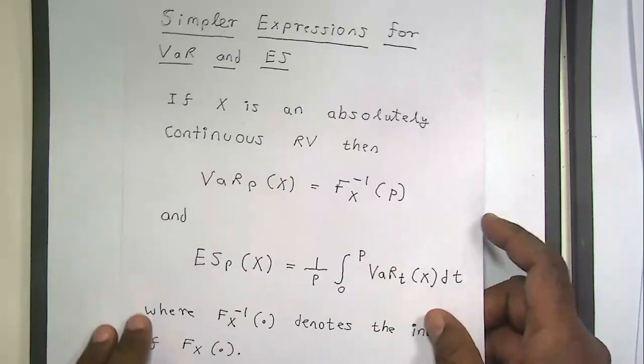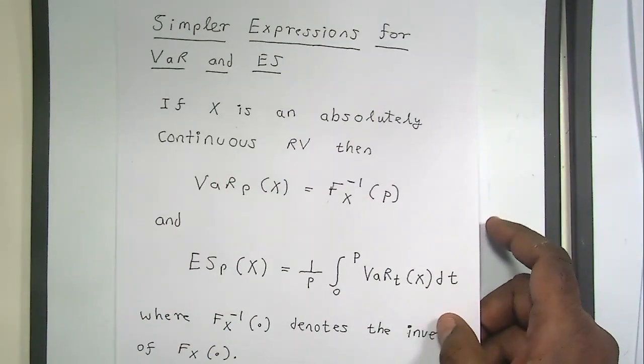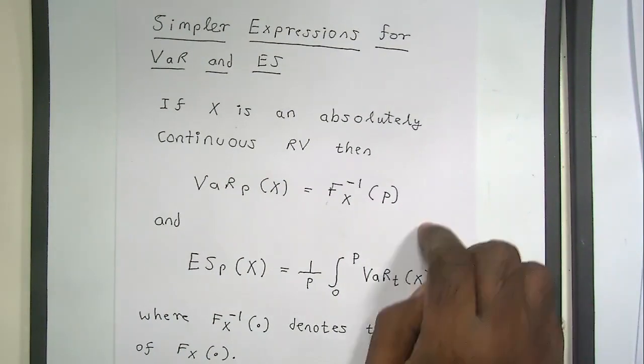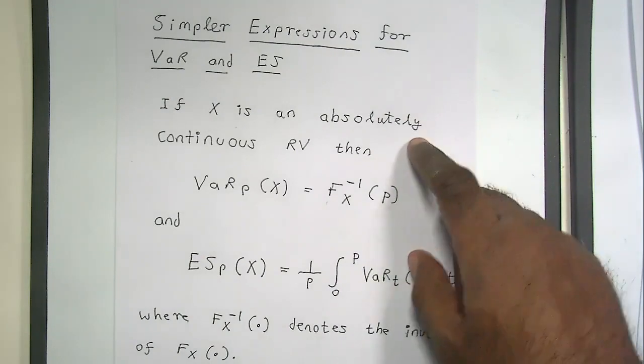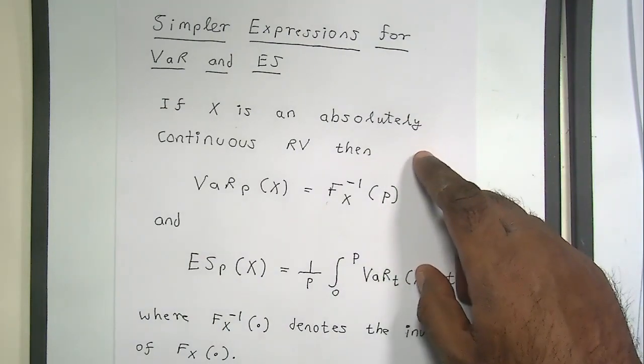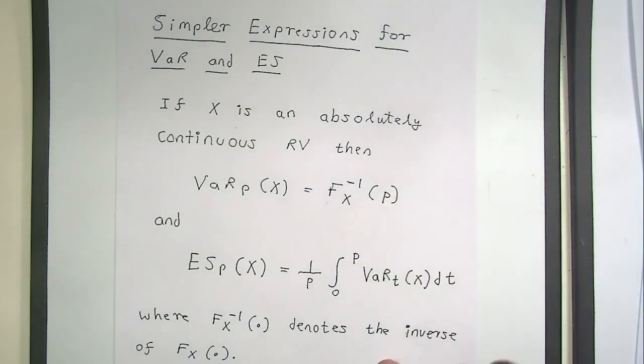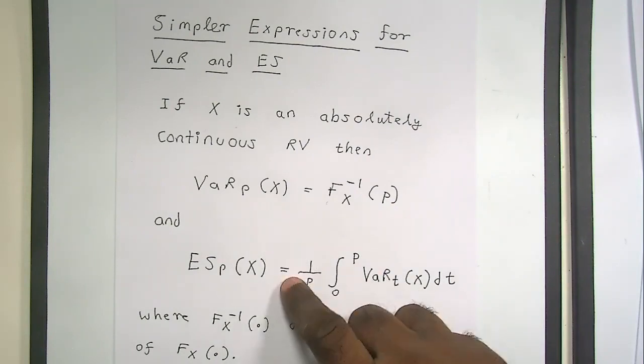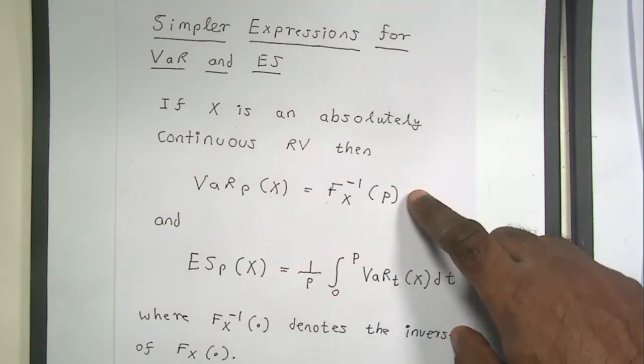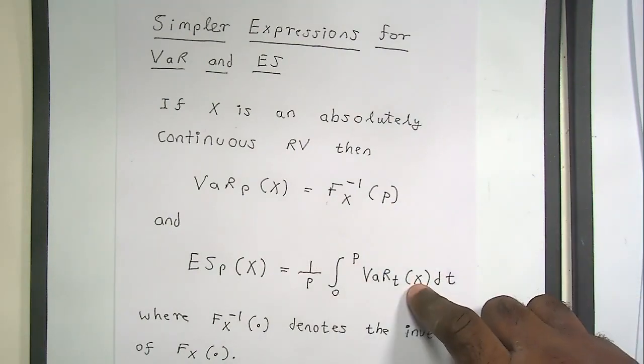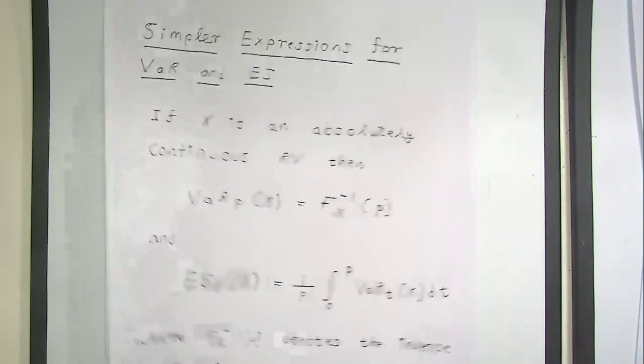Then I provided simpler expressions for VaR and ES. If X is a continuous random variable, then the expressions for VaR and ES can be simplified to this and this, respectively.